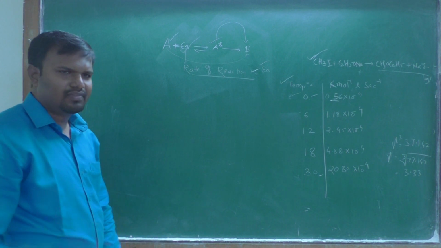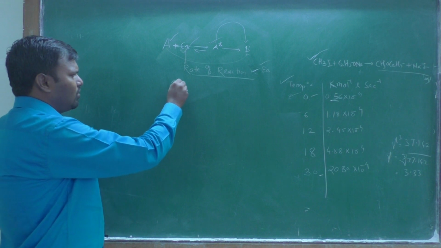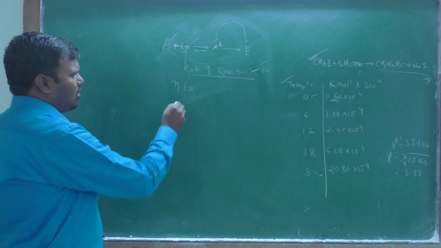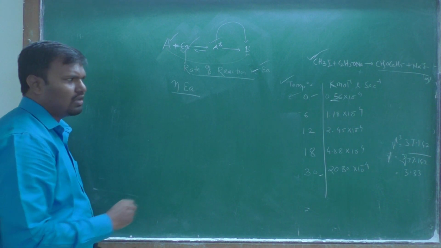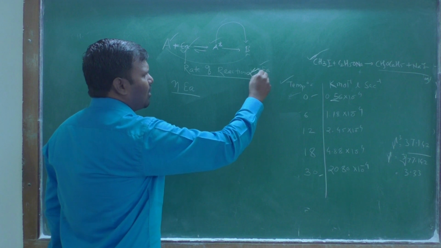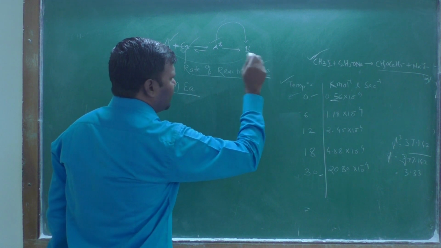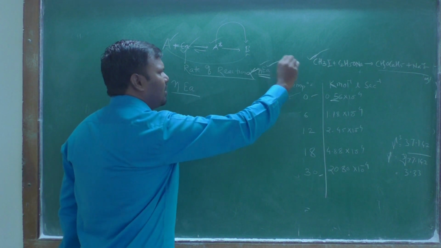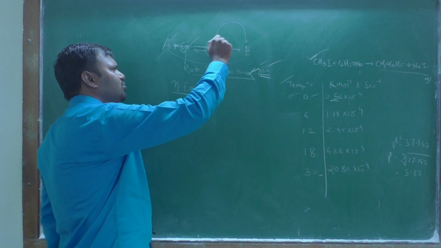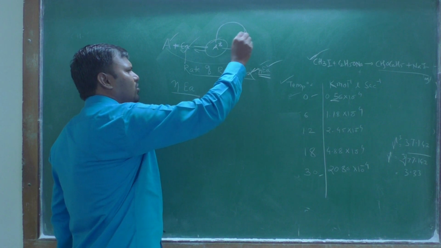Now Maxwell gave the rule: the rate of reaction is directly proportional to the number of activated molecules. N_EA is the number of activated molecules. If the number of activated molecules is more, then you will obtain more product.